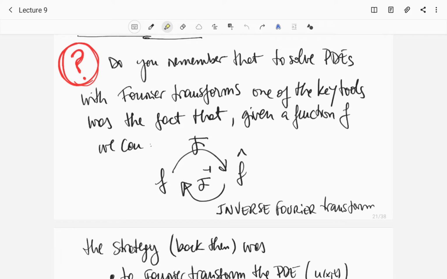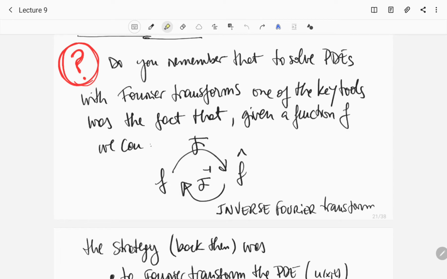Do you remember that to solve partial differential equations with the Fourier transform, one of the key tools was that given a function, we can Fourier transform it, but then once we have this new function, we can inverse Fourier transform it. We are going to do the same argument with our new object, the Laplace transform.